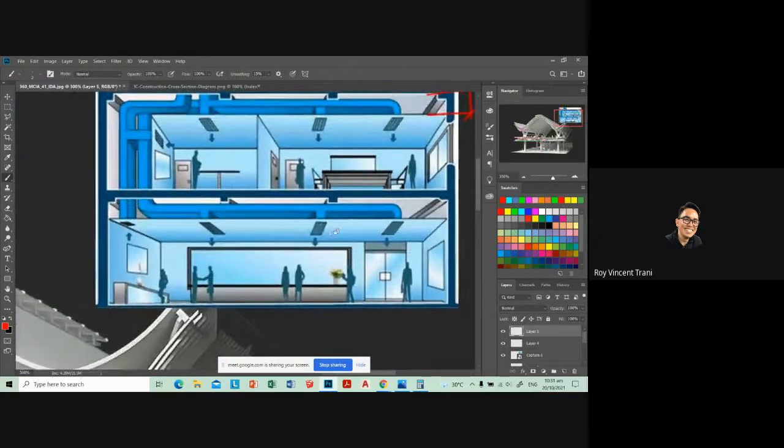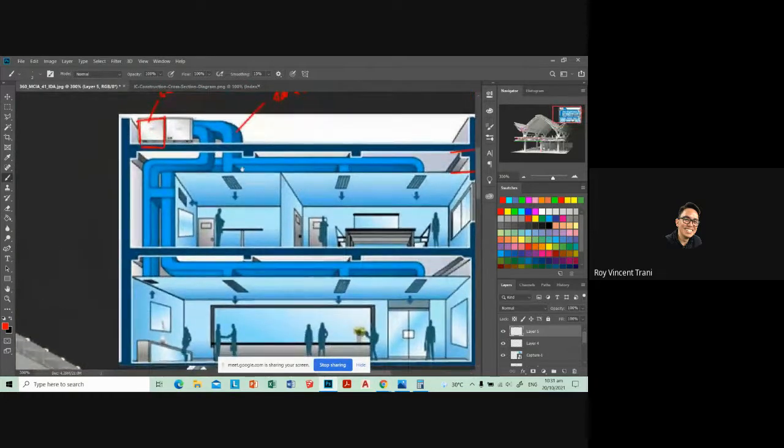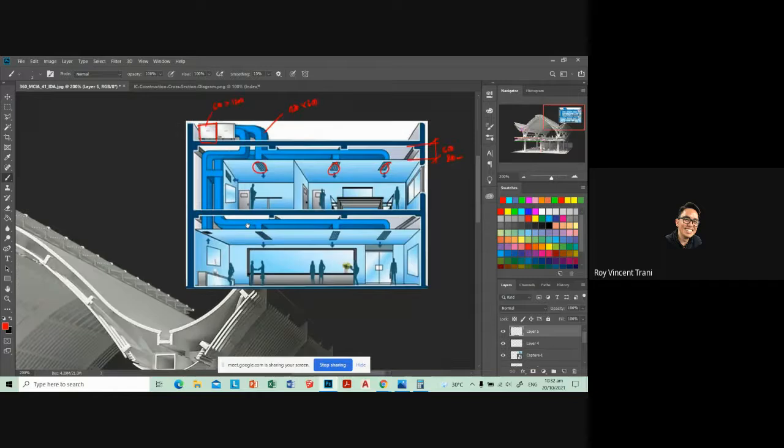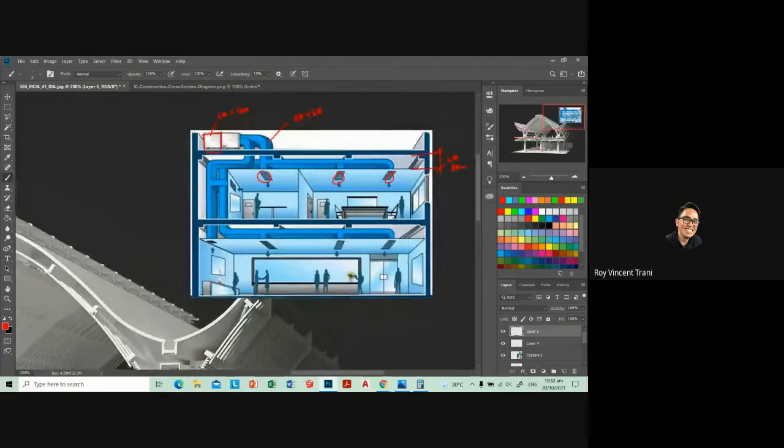What are your questions about the centralized air conditioning system? Typically, you just locate them in the roof and the ducting will go where you need it to go, in all the different rooms. Bigger rooms would need 2 ducting systems and smaller rooms would only need 1. So what are your questions on this?